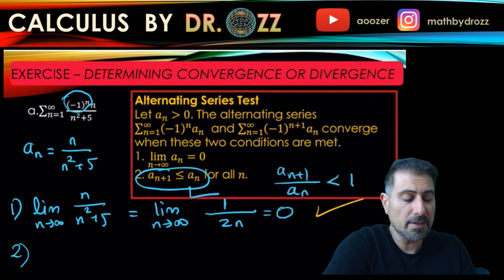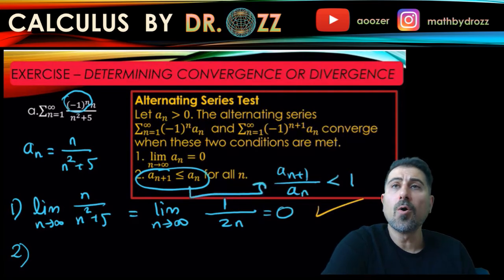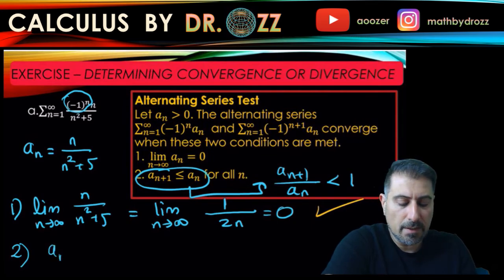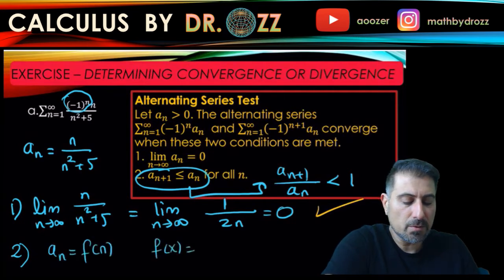Or I can treat a_n as a function and take its first derivative, and if the first derivative is less than 0 for all n, then f is decreasing. So a_n equals f(n), and in this case f(x) equals x over x squared plus 5.